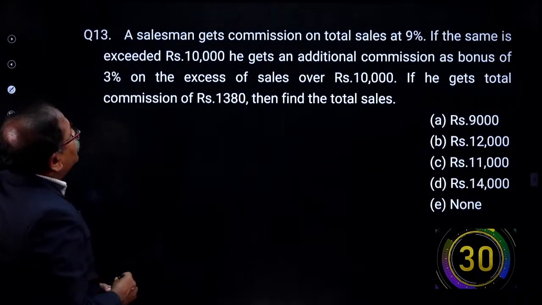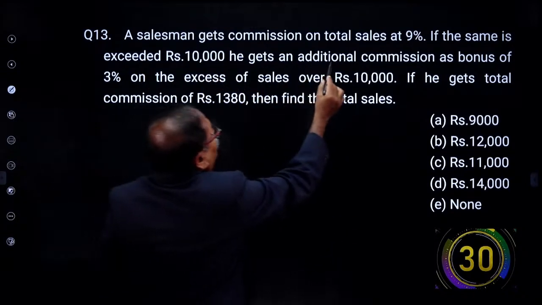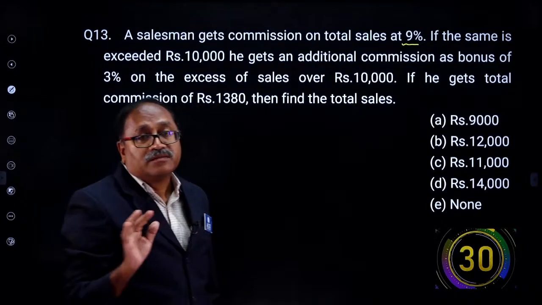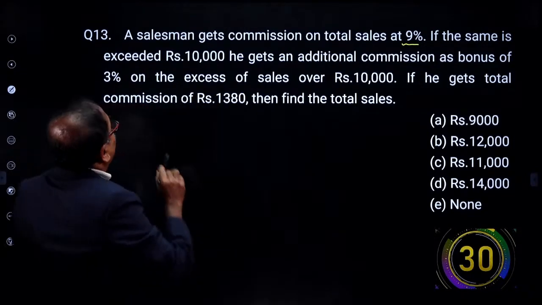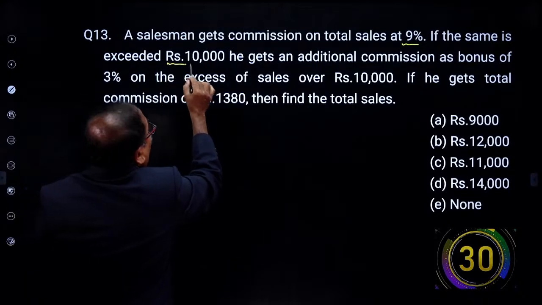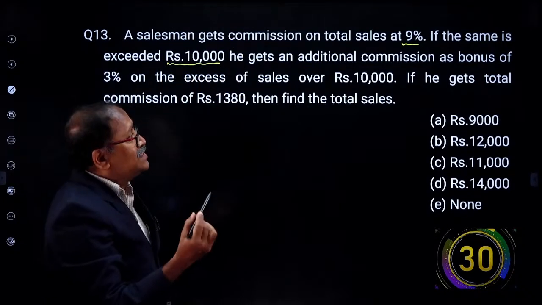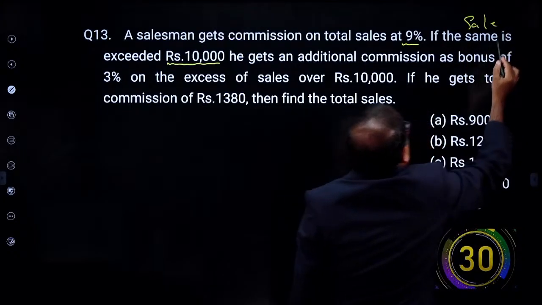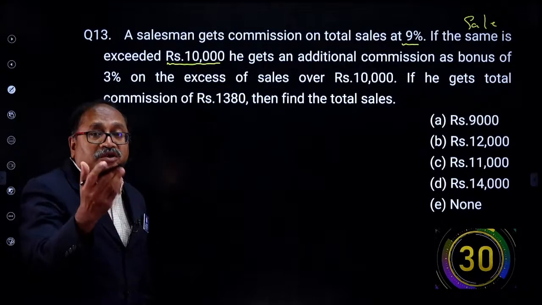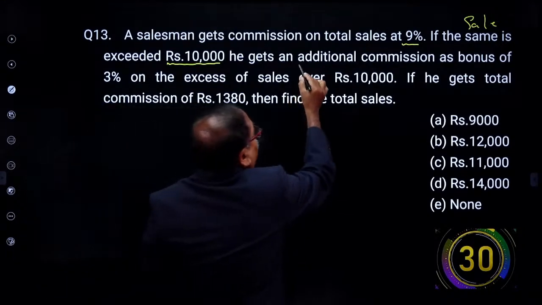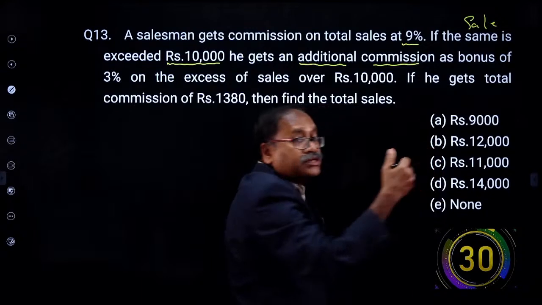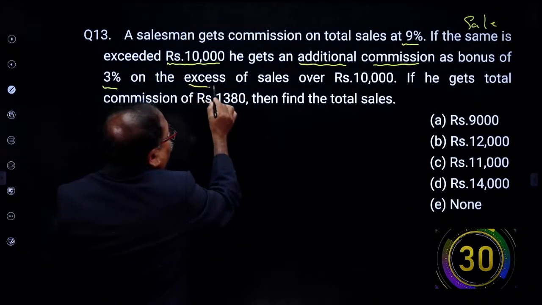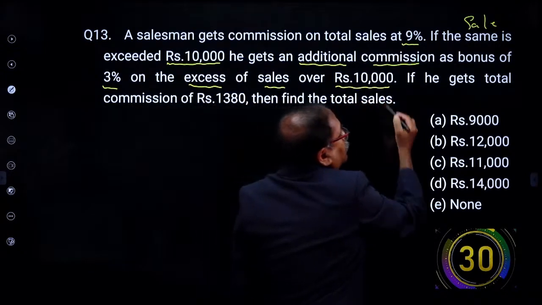Okay. Now, a salesman gets a commission of 9% on total sales. If the sales exceed 10,000, more than 10,000, he gets an additional commission as a bonus of 3% on the excess sales over rupees 10,000.